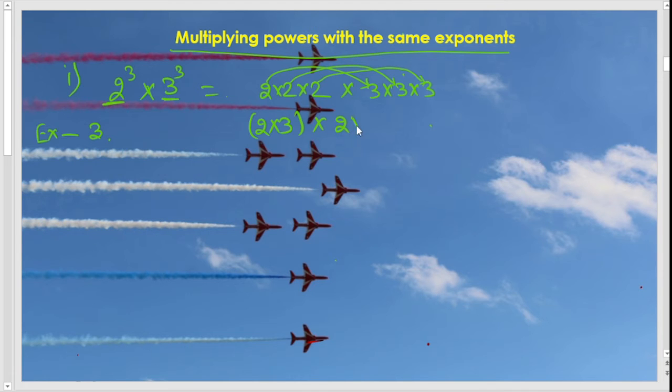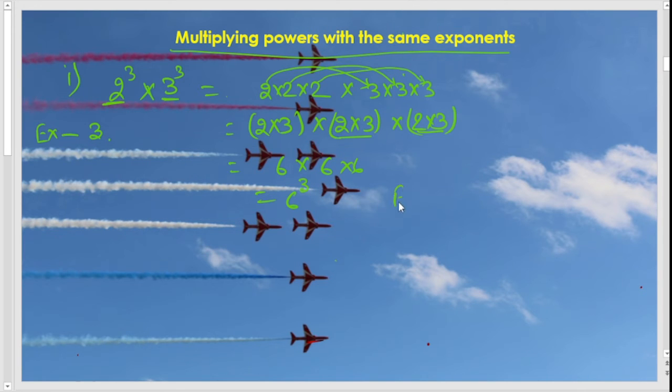into 2 into 3 into 2 into 3. So 2 into 3, 6 into 6 into 6. So we can write it 6 to the power 3. Here the exponent remains same.